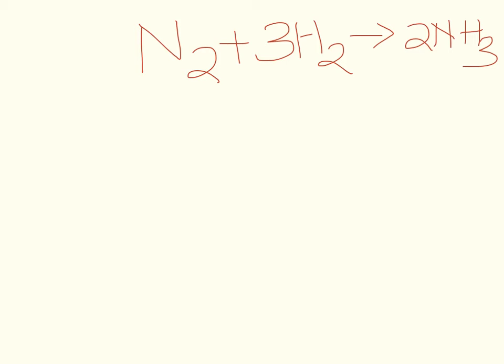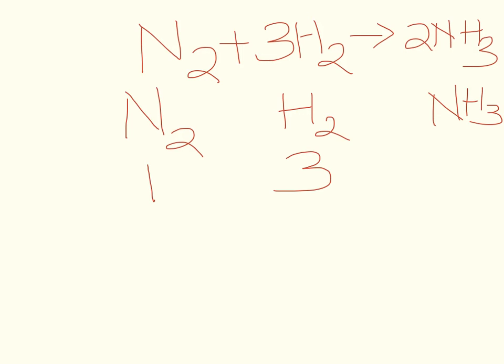So if you were to write down some sort of a table just to make sure that you have the numbers correct: according to the stoichiometry, according to the balanced equation, 1 mole reacts with 3 moles to give you 2 moles. Now let's say for example you have 0.5 moles of nitrogen.